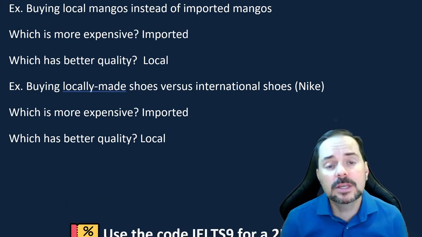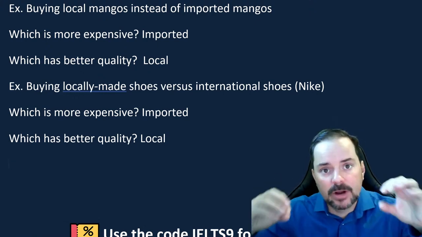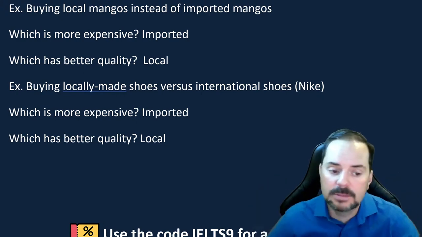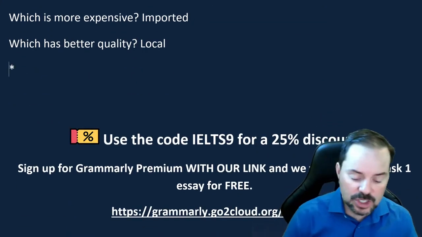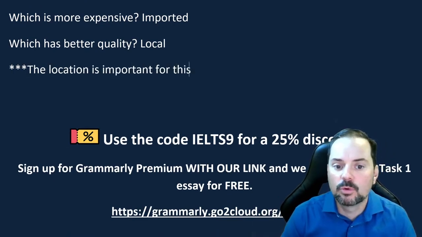So by doing this and by thinking of these specific answers, we get much better ideas about our essay, and we get a very important piece of information, which is the location is important for this essay.